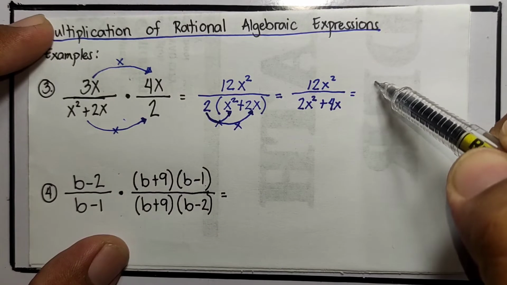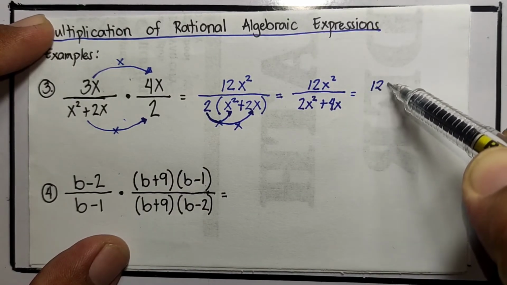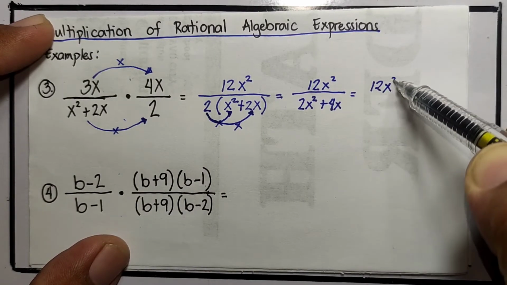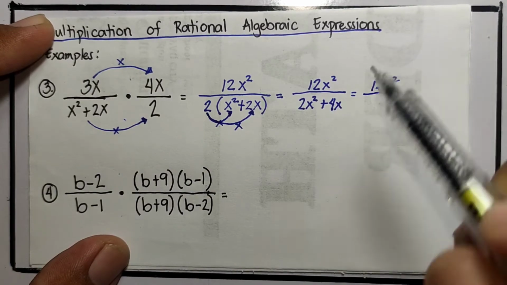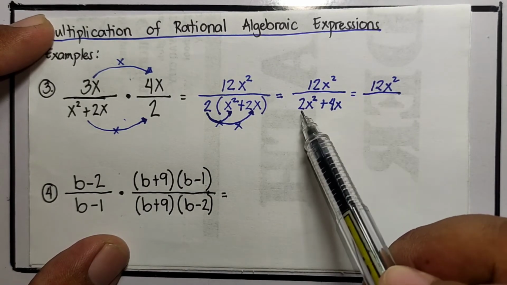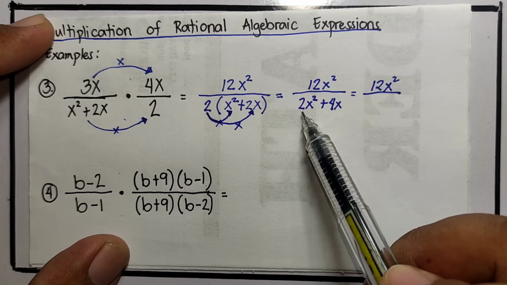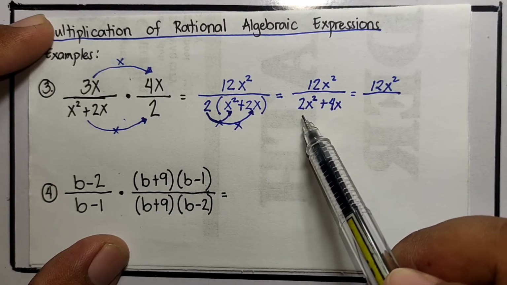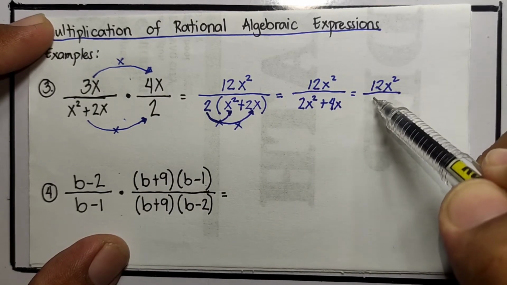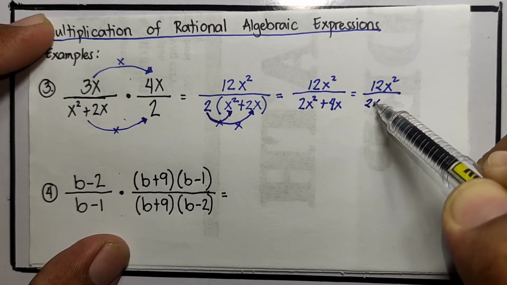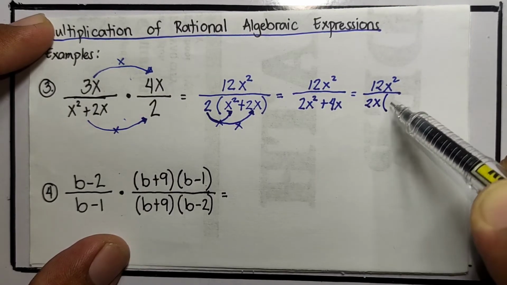Then, you will have 12x squared over 2x squared plus 4x. The common factor is 2x.